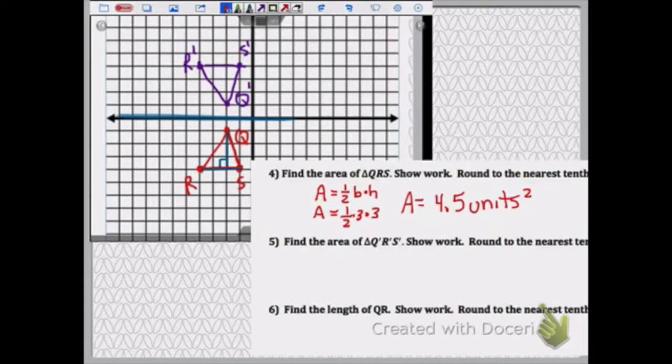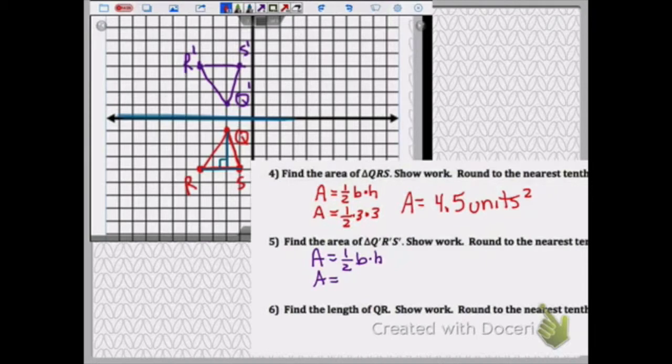Then we're going to find the area of the image of QRS. I know it's the image because of the apostrophes in the question. So I refer to my shape. Again, I'm finding the area of a triangle. So I still would use the area is equal to 1/2 the base times the height. On my triangle, I look to find the base and the height.